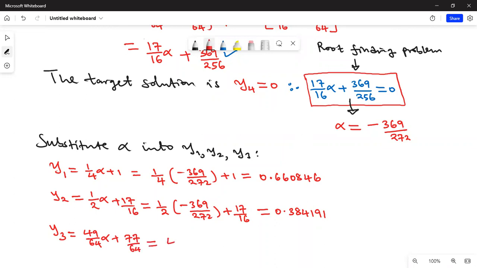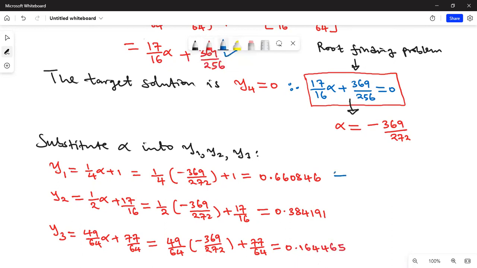That should give us 49 over 64 times negative 369 over 272 plus 77 over 64. Press that correct to 6 decimal places. That is 0.164465.